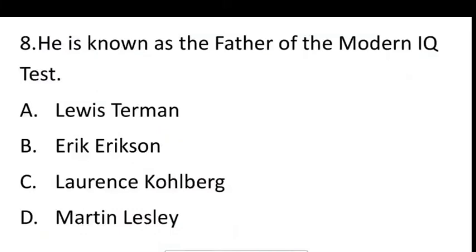For question number 8, you have this question. He is known as the father of the modern IQ test. Is it Louis Terman? Is it Erik Erikson? Is it Lawrence Kohlberg? Or is it Martin Lisley? Okay, so sino kaya yung answer natin dito out of these 4 theorists that we have? The correct answer here would be letter A. That's Louis Terman. Louis Terman is called the father of the modern IQ test.